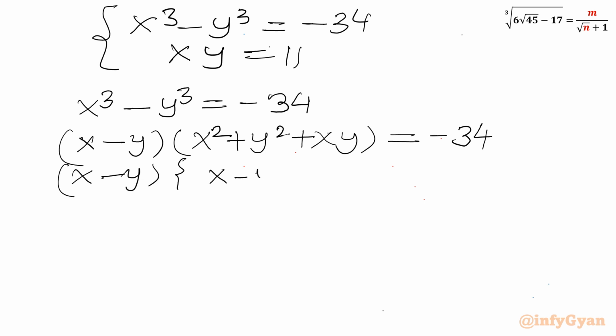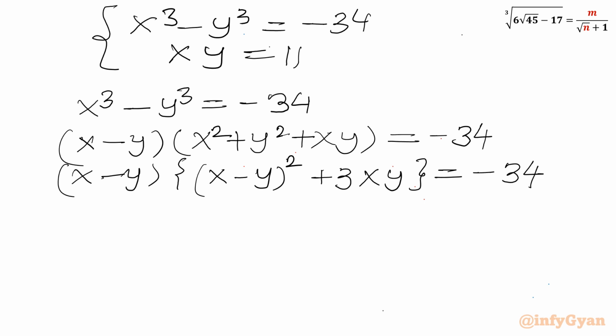I can write x minus y times x square plus y square. Let me write x minus y whole square. Then I need to write over there plus 2xy. So plus 2xy and xy, 3xy. RHS is negative 34. Let's apply the value of xy. It is equal to 11 here.